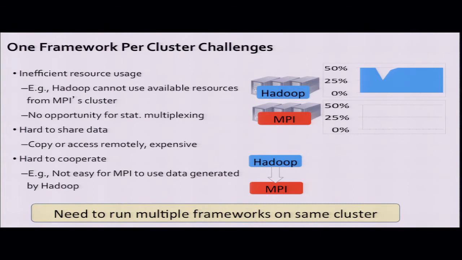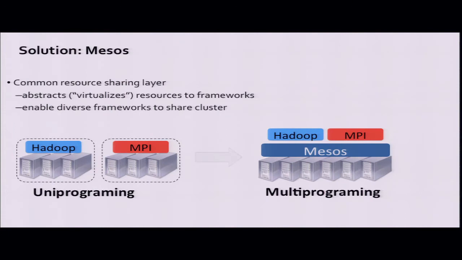So basically what Mesos allows you to do is run multiple frameworks on the same cluster. Instead of having two separate clusters which run Hadoop and MPI, you have one cluster which runs Hadoop and MPI on top of Mesos. It's like multi-programming for data centers.